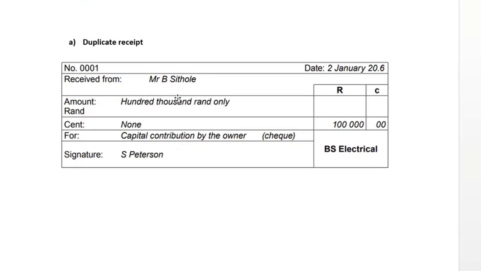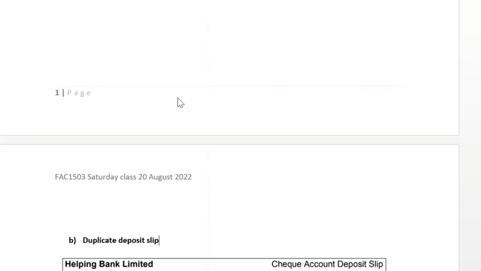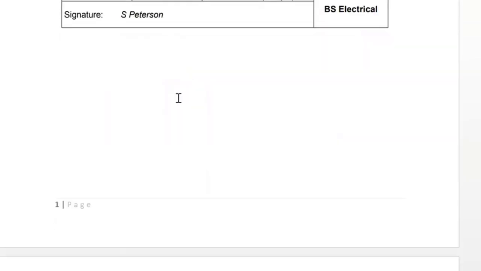Do you know? If you now need to record this transaction in the books of prime entry, do you know in which books? And at that time, the source documents that you have are a duplicate receipt and a duplicate deposit slip.